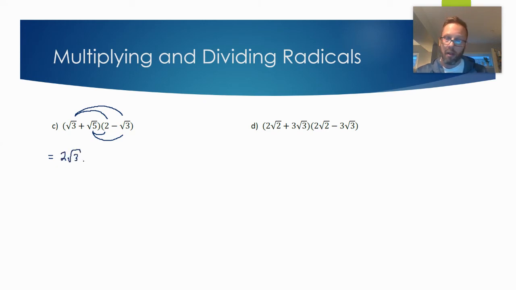There's no numbers to multiply or radicands to multiply. Root of 3 times negative root of 3 would give you negative, and then 3 times 3 is 9, so minus root 9, multiplying the radicands. And then we get 2 root 5. And the root of 5 times the root of 3 is just the root of 15 with a negative in front.